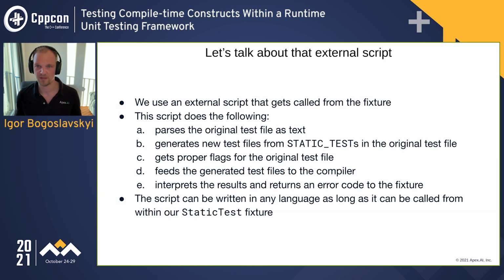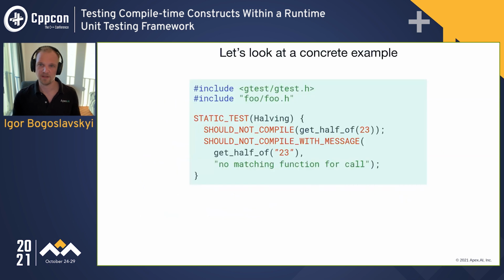It gets the proper flags for the original test file and reuses them to pass to the compiler. Then it feeds the generated tests to the compiler, interprets the results, and returns an error code to the fixture. Basically, the script can be written in any language as long as it can be called from within our static test fixture.